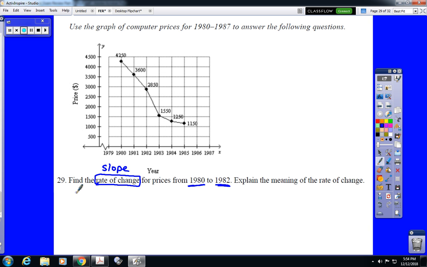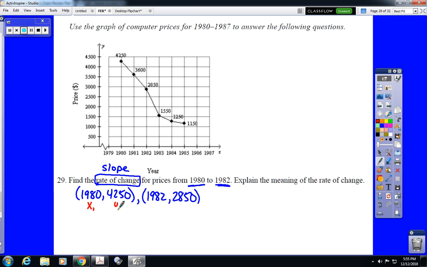So we have the point 1980, 4,250, and the point 1982, and we trace that number up, 2,850. And we use that information to find slope.